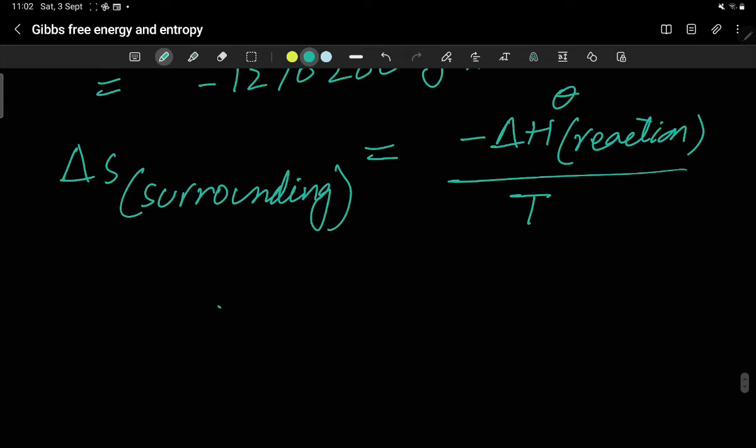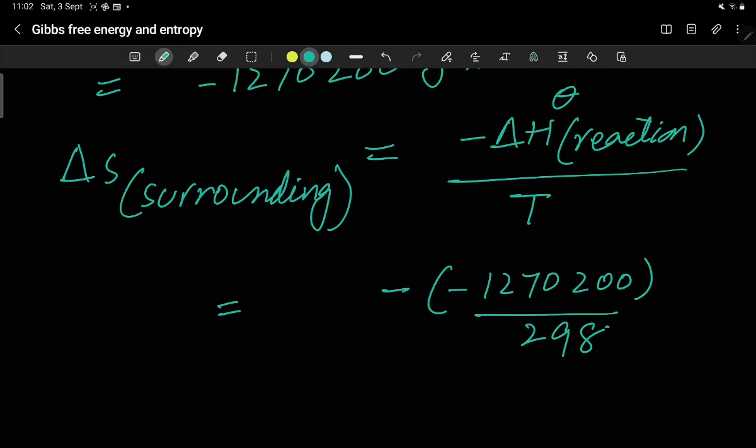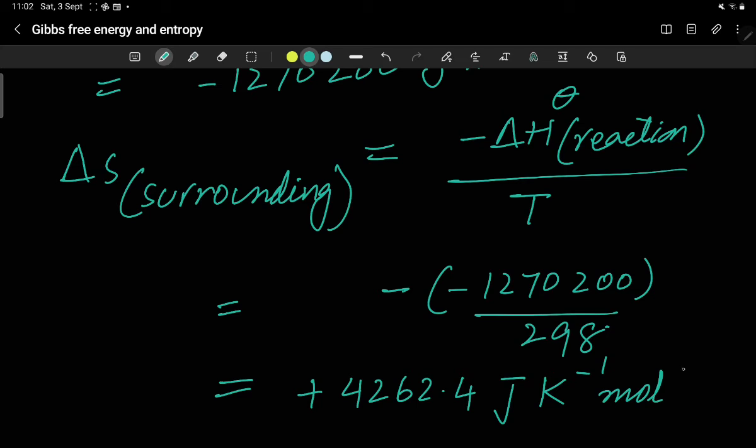So by using minus, minus 1270.2 times thousand divided by 298, this is equal to plus 4262.4 joule Kelvin inverse mole inverse.